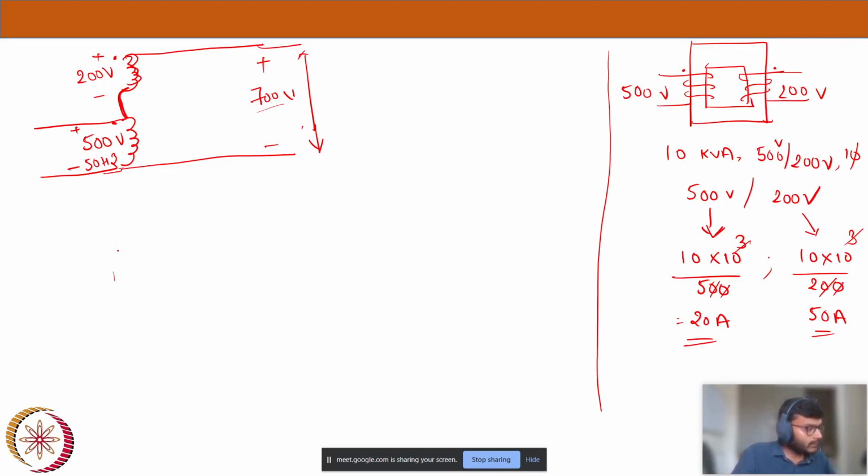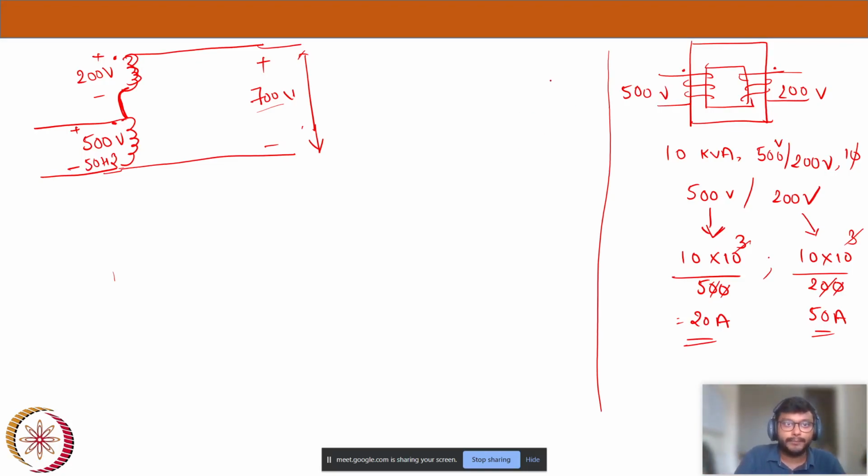Now, the interesting thing which we have to see here is how much current the input and output will be allowed. Let's say I have connected these connections. When I give 500 volts, some current will be drawn from the supply, and when I've connected these two windings in series, some current will go through the load.